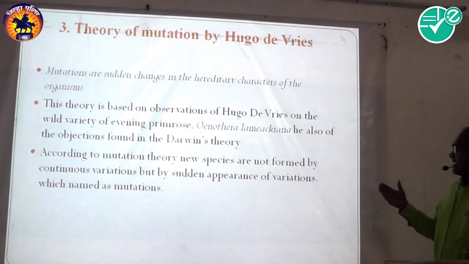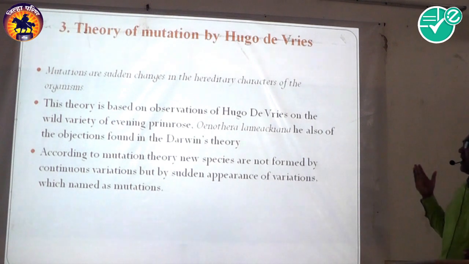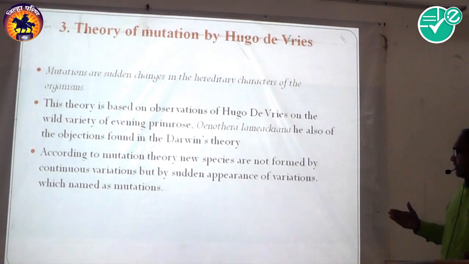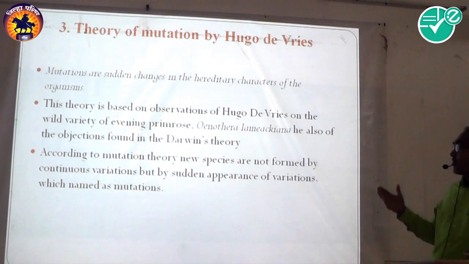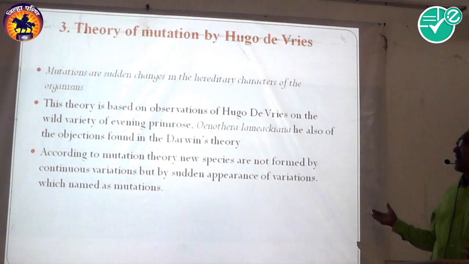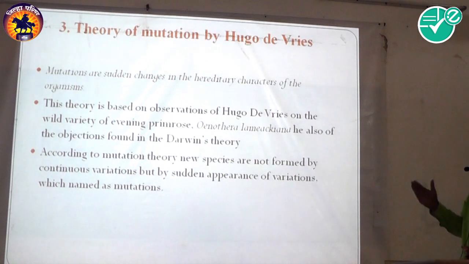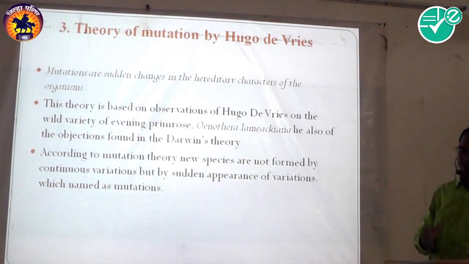He mainly conducted his experiment on the evening primrose, Oenothera lamarckiana. So this theory is known as the appearance of the variations which are named mutations.